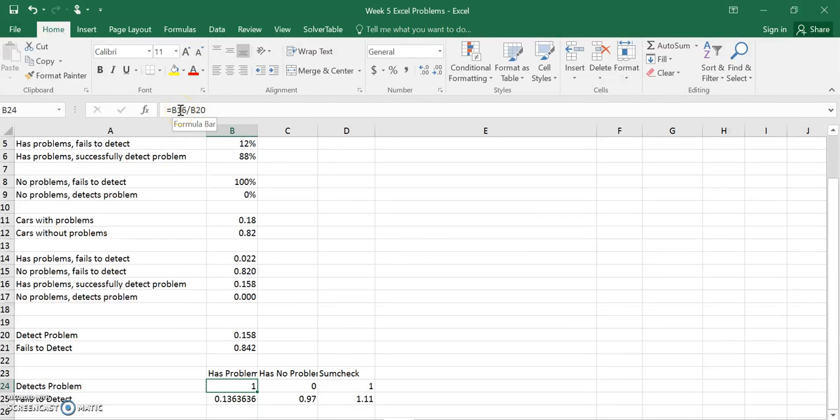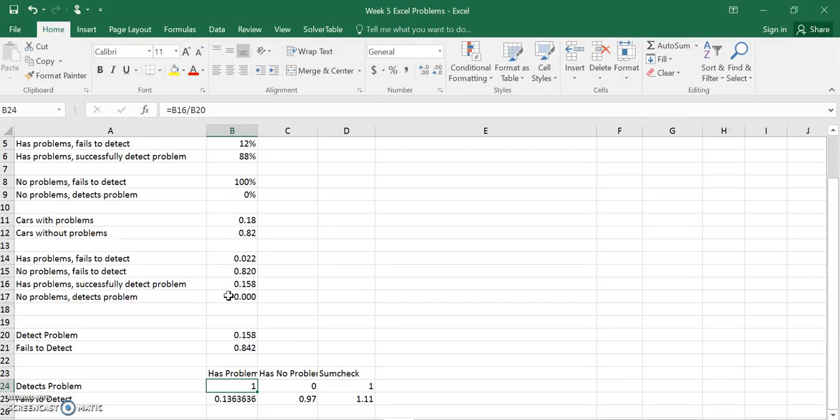B16, okay, should be has problem and detects problem. So has problem, successfully detects problem, yes. And then dividing that, you know what, something's not right in this labeling here still. All right, so this is fails to detect, okay, and no problems, detects problems, okay.